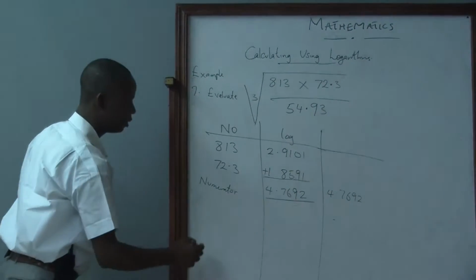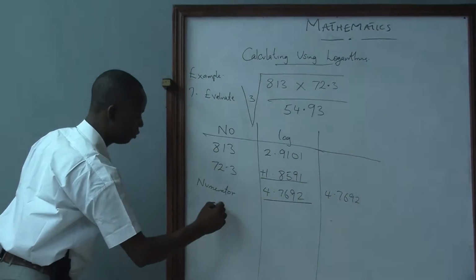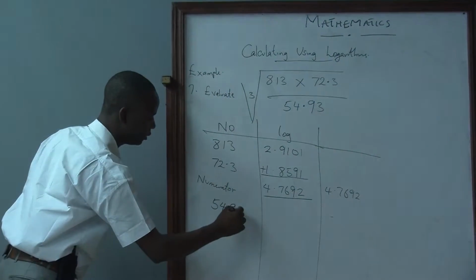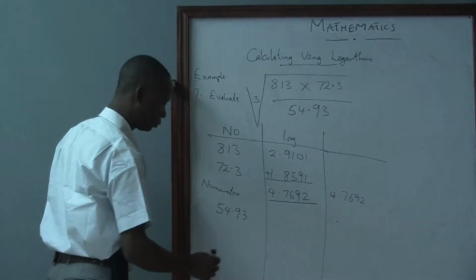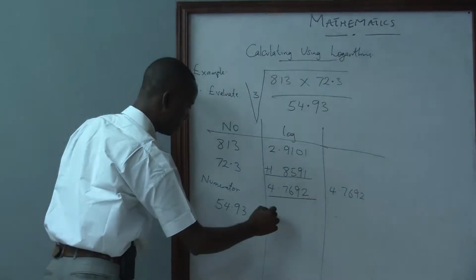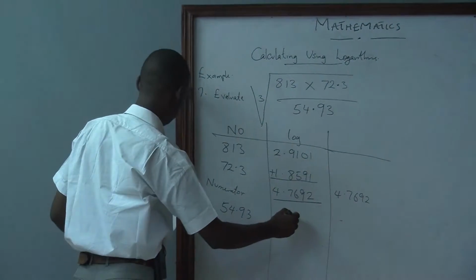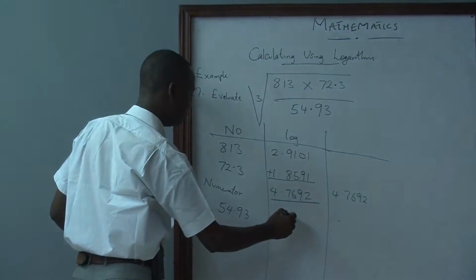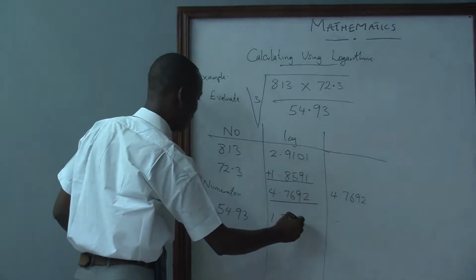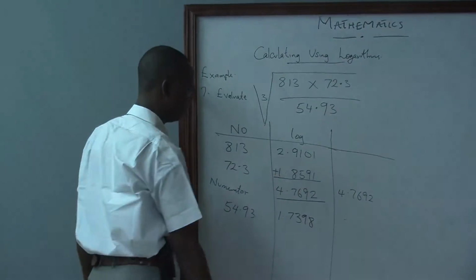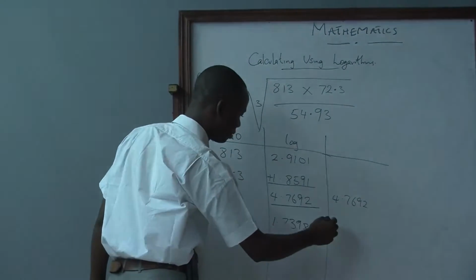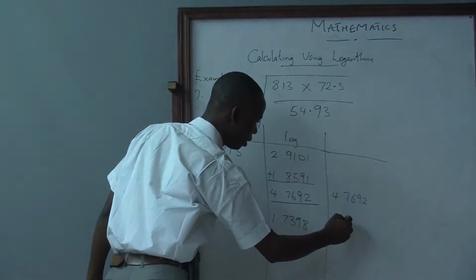We'll go to the denominator, and that's just one thing, 54.93. The characteristic there is 1, and the mantissa for that value is 7398. So we'll subtract that from what we have here earlier.